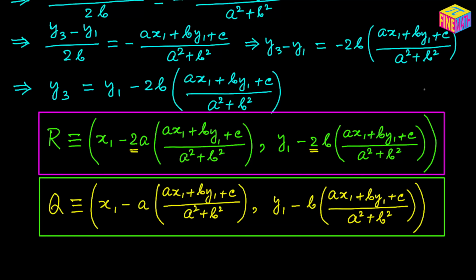And also if you carefully notice, we have been able to express the coordinates of Q and R in terms of all of the known numbers like a, b, c, x sub 1, y sub 1. Those are the 5 known numbers, and using those numbers we have been able to come up with the coordinates of the foot of perpendicular, which is the point Q, and the coordinates of the image, which is the point R.